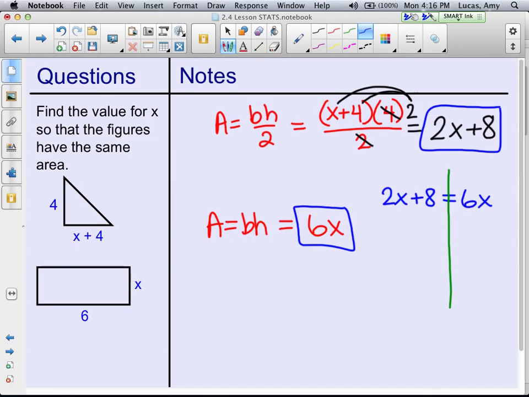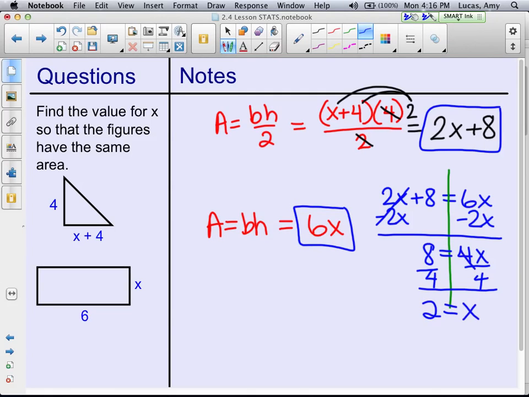Now, I've got a variable on each side. The 6x is all alone though, so I'm going to leave it. So I am going to subtract the 2x from both sides. So 8 equals 4x, divide by 4, and 2 equals x.